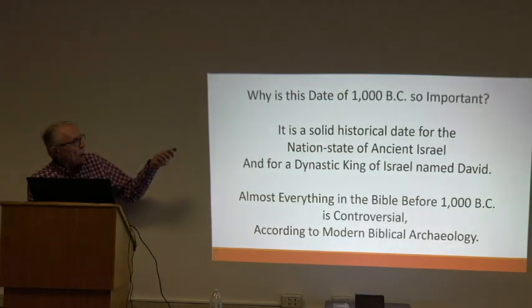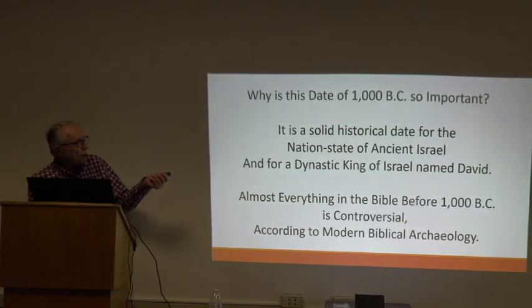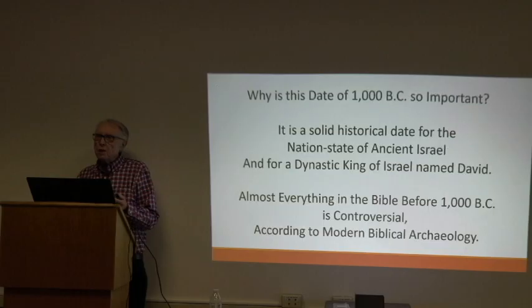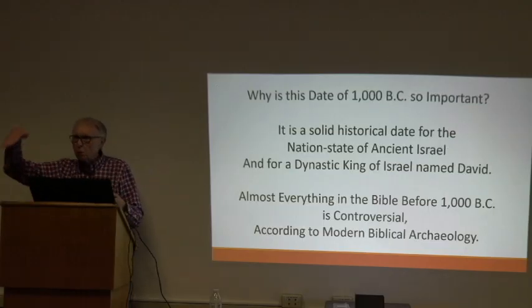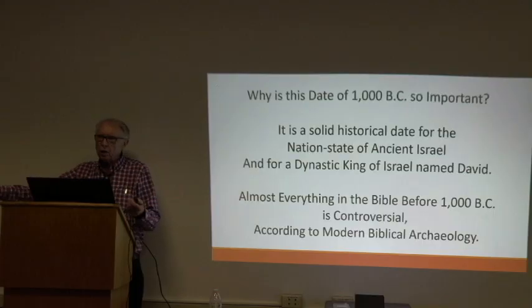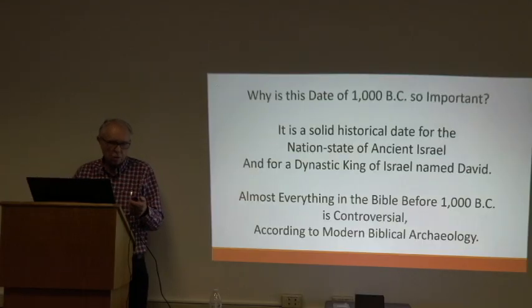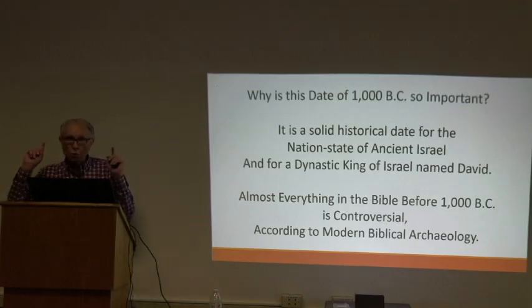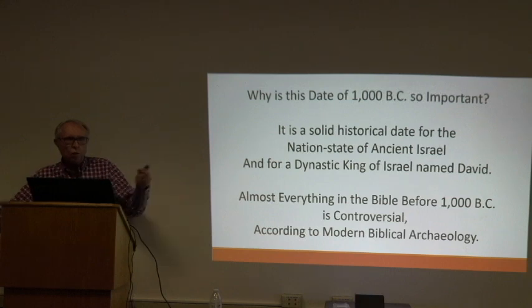Because it's a solid historical date for the nation-state of ancient Israel and for a dynastic king of Israel named David. Dynastic means he had a dynasty of people who were his direct descendants, and all of the kings of Israel are his direct descendants, all the way down to Jesus. That's why there's a genealogy going all the way from David to Jesus.